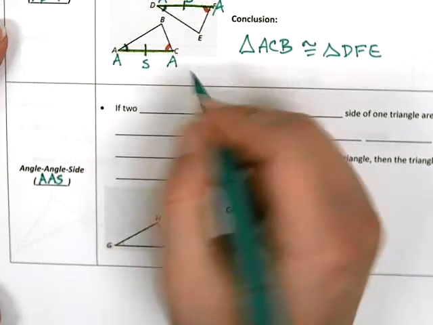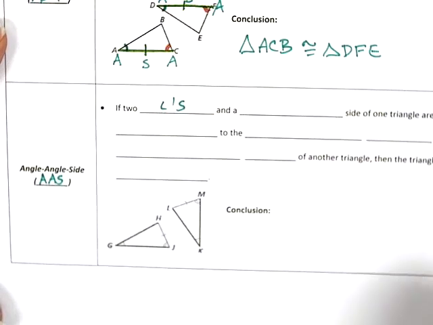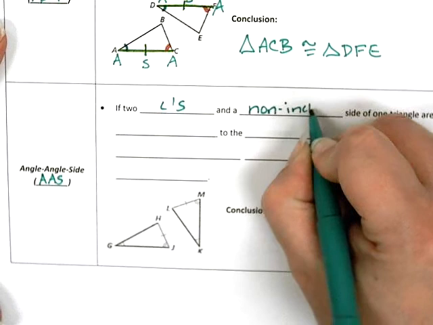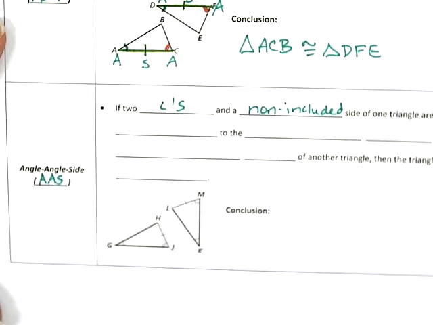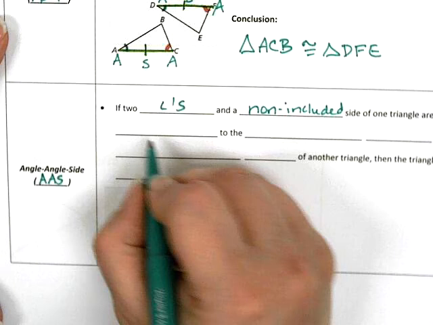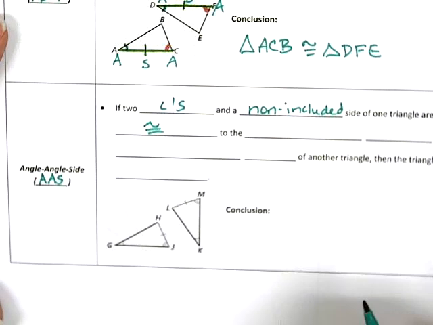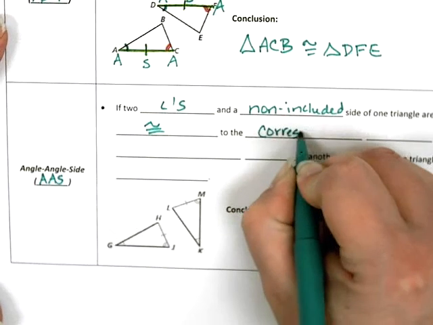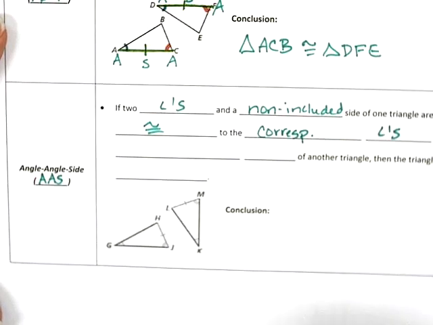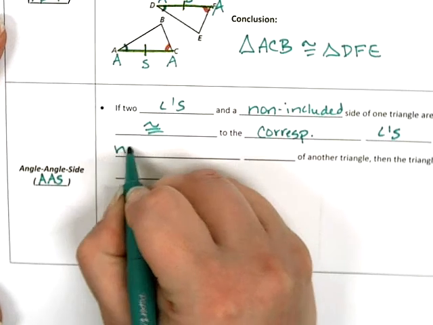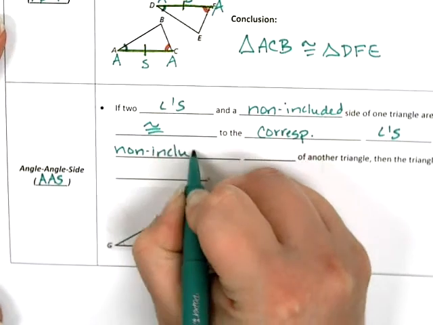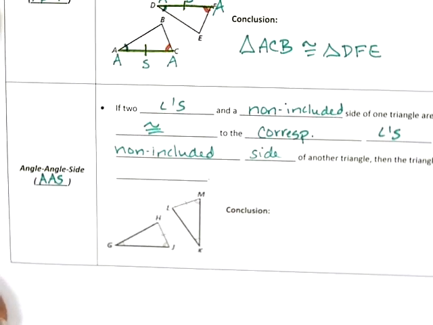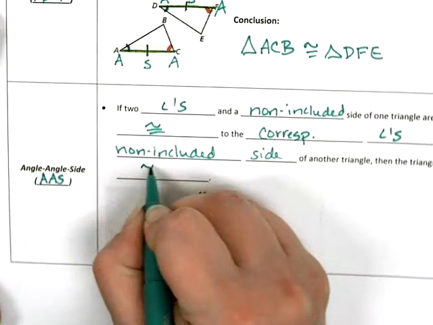So if we have two angles and a non-included side of one triangle, and they are congruent to the corresponding angles and non-included side of another triangle, then the triangles are congruent.